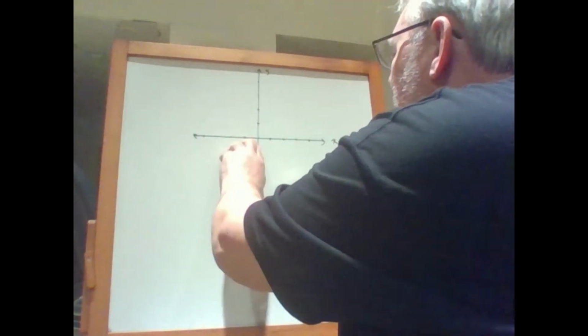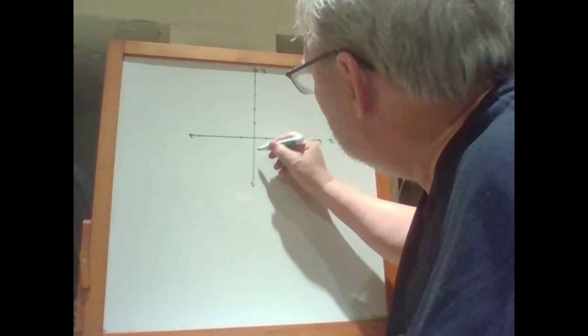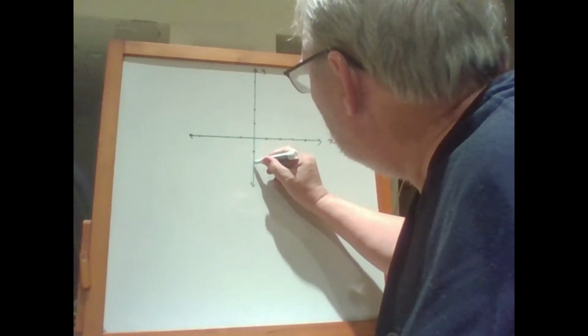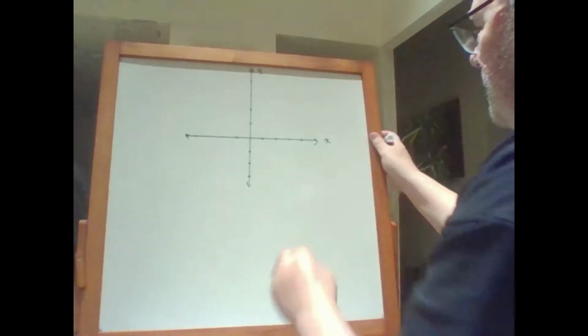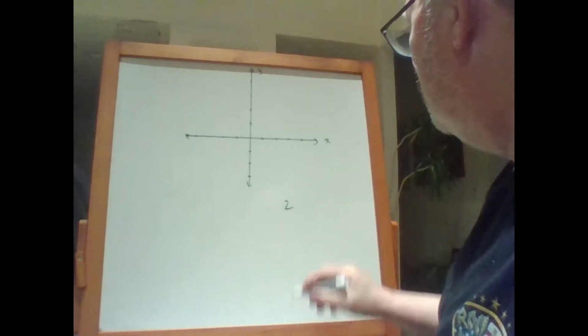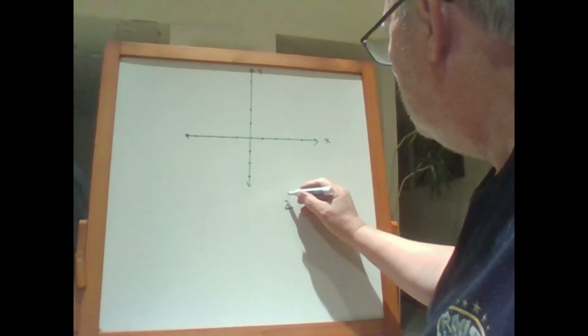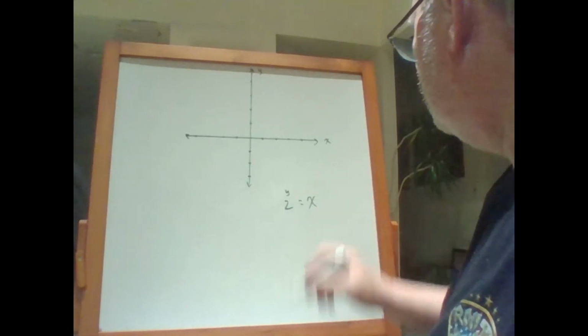I should have gone a little more steeply. This is more like 1, 2, 3. Okay. Let's say that we have a base 2. 2 to the y equals x.